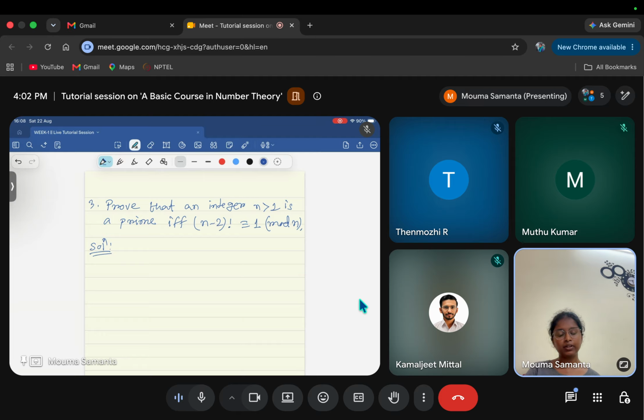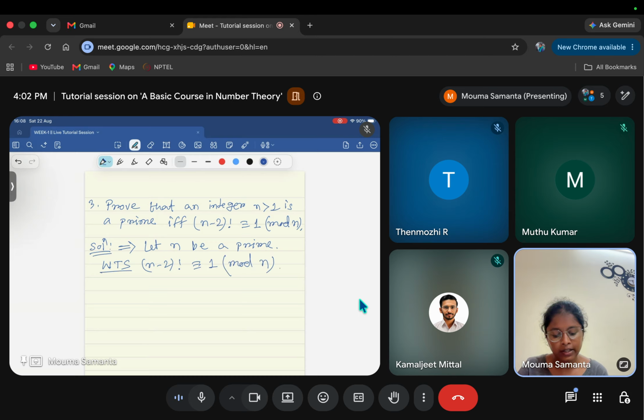Can anyone tell me any direction? I think this direction will be easy. So let n be a prime. That means, in the if direction, let n be a prime. What we have to show is that n minus 2 factorial is congruent to 1 mod n.